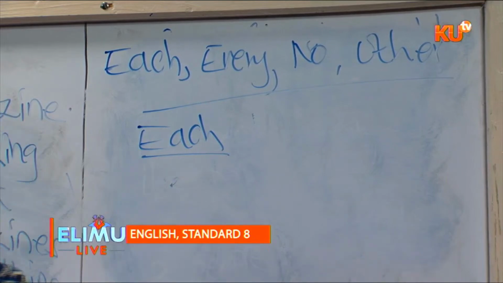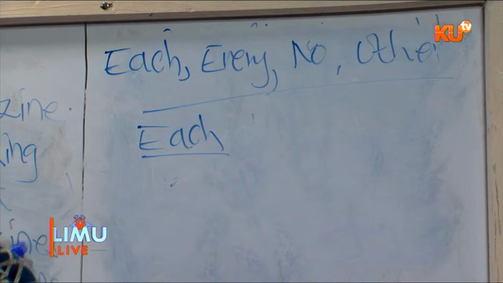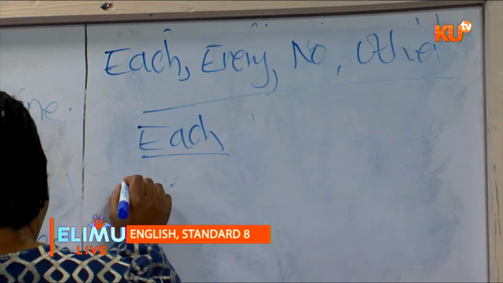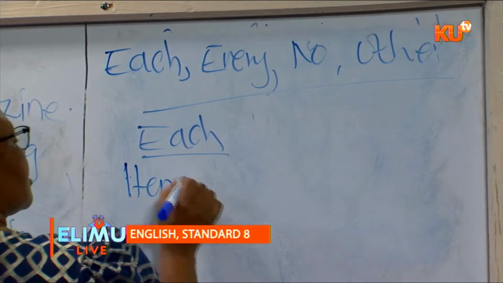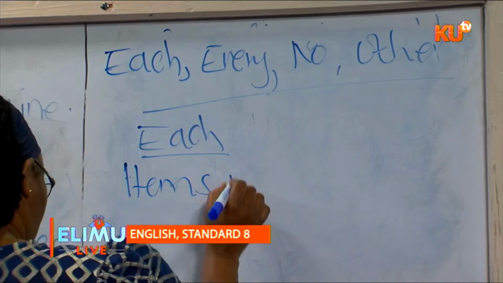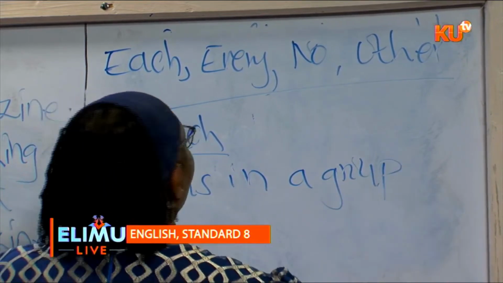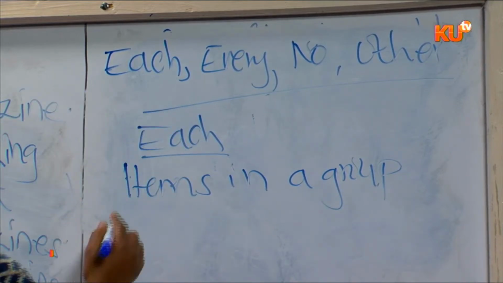So determiner each is used to refer to items in a group. So you use the word each to refer to items in a group, but these items are considered individually.